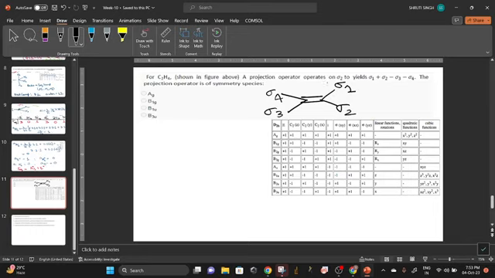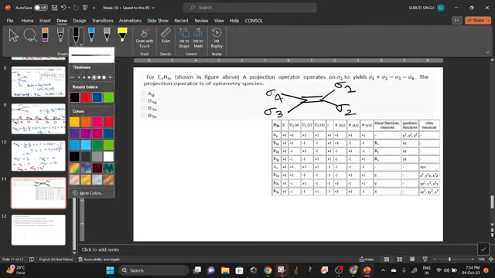A projection operator operates on sigma 2 to yield sigma 1 plus sigma 2 minus sigma 3 minus sigma 4. So the question is asking what is the symmetry of the projection operator? Okay, so let's reduce this.